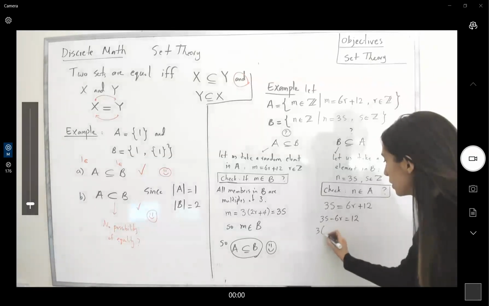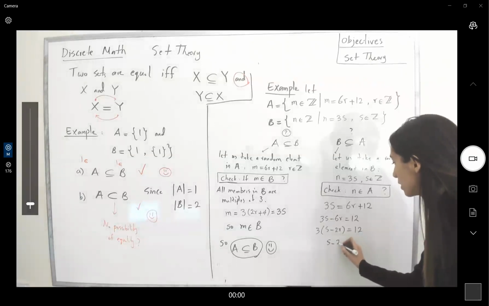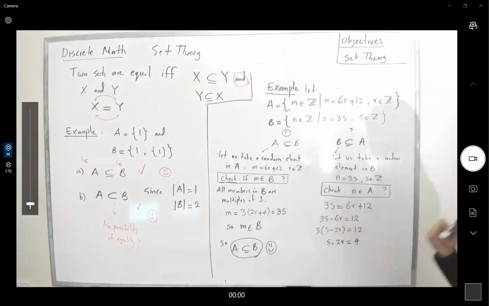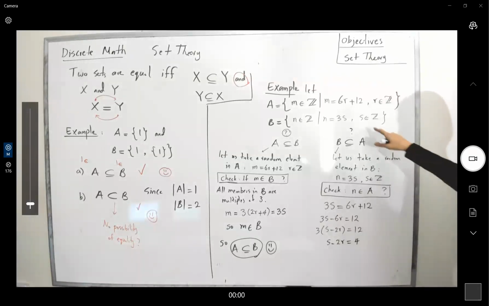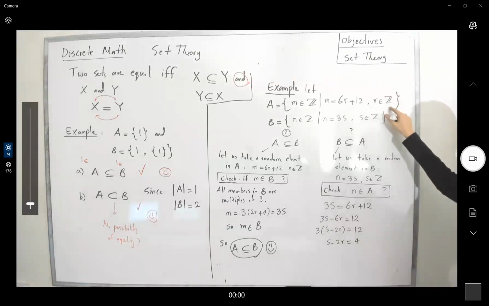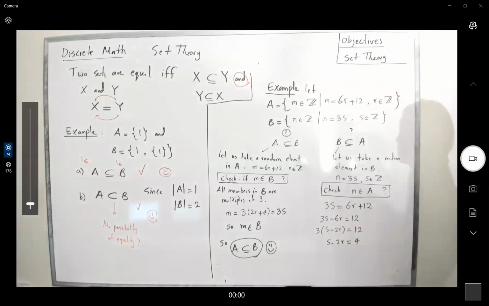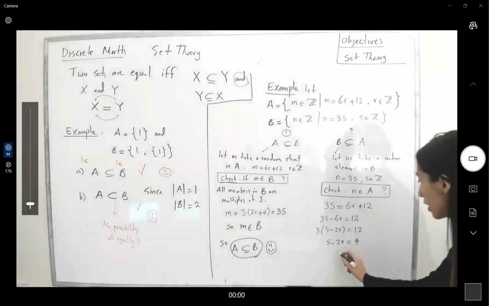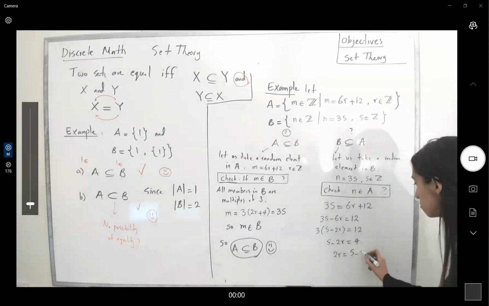If I factor out 3, s minus 2r is equal to 4. Then what does it give me? I'm looking for some r values in Z such that 6r plus 12 can be written as 3 times s. Take a look at this. Here I get 2r equals s minus 4, or r is equal to s divided by 2 minus 2.